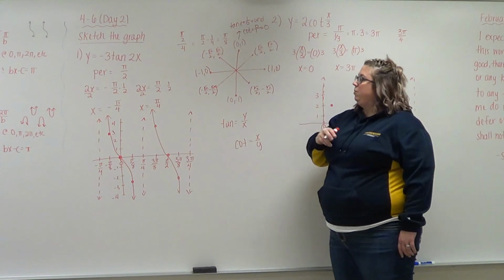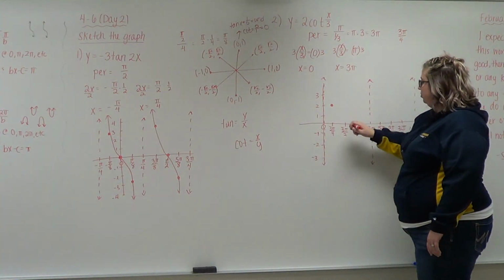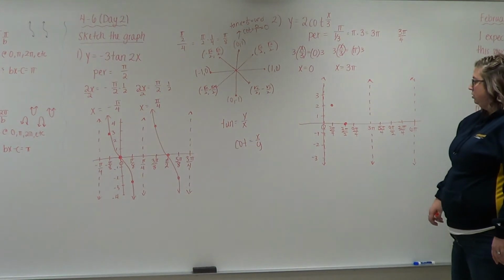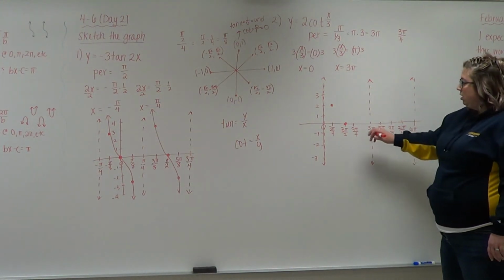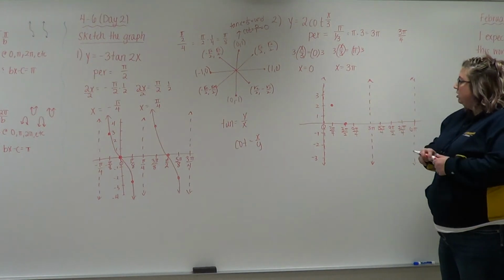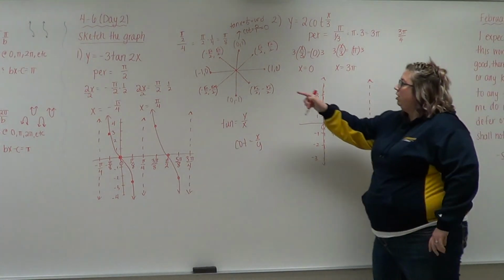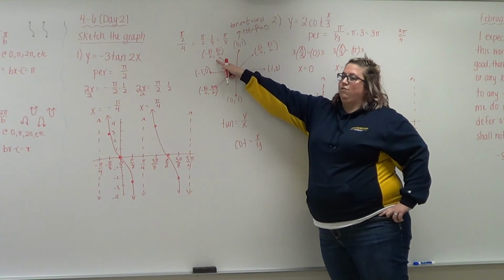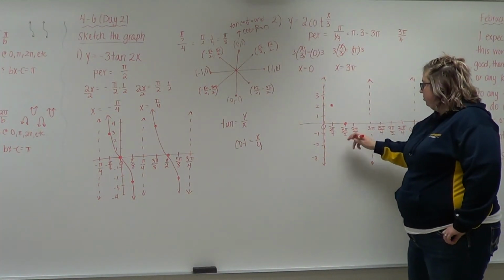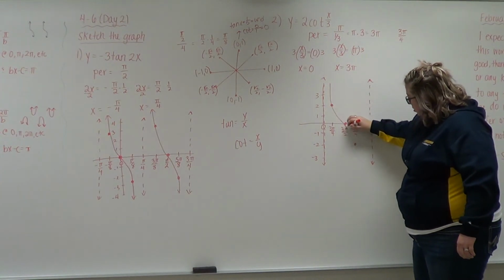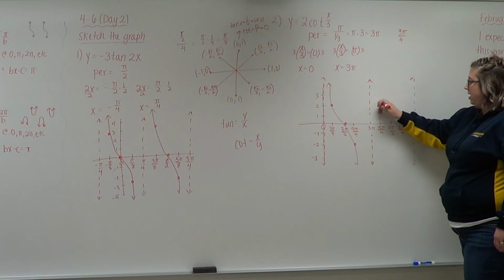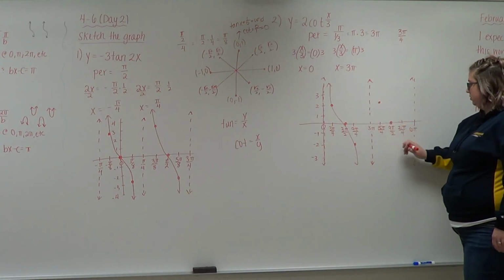Cotangent, 0 over 1 would be 0, times 2 is 0. Then 9 pi over 4 times a third, 3 pi over 4, which is over here, would be negative 1, times 2 is negative 2. And then the cycle repeats.